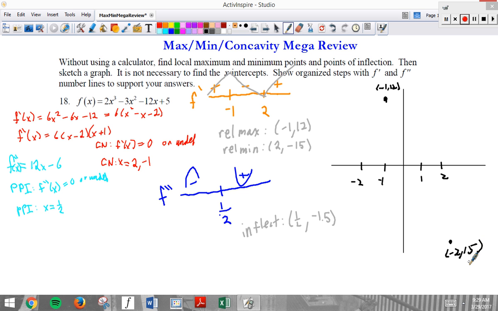Okay, and what's going on here? I want a concave downward shape that's peaking there. It said I don't have to worry about x-intercepts. So I'm just going to draw.